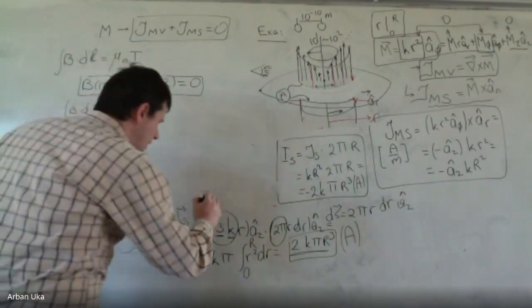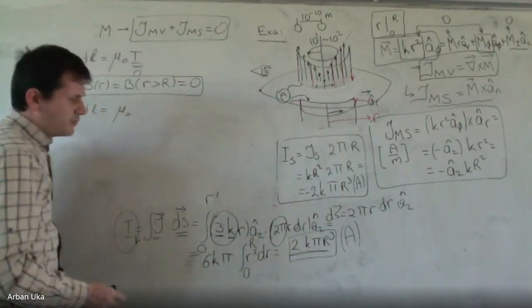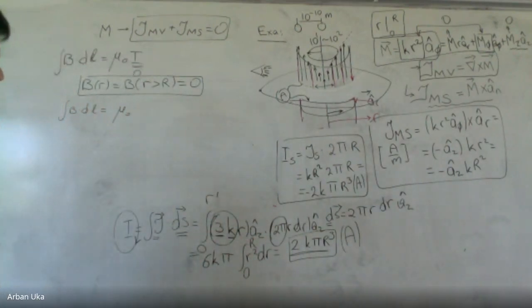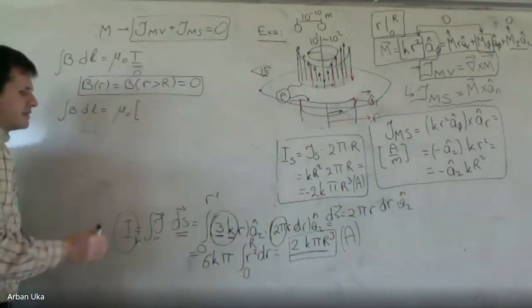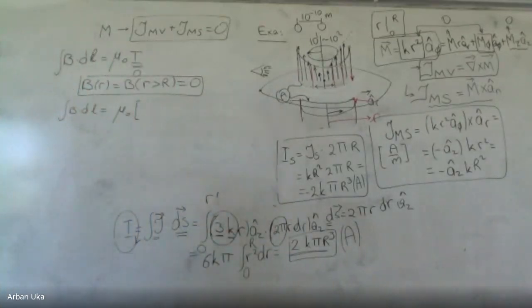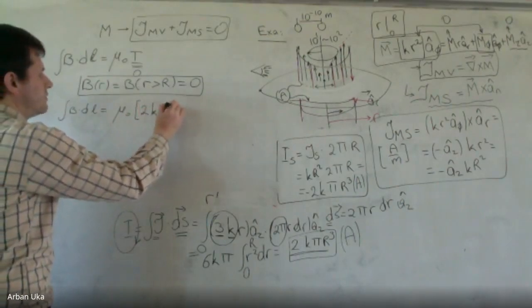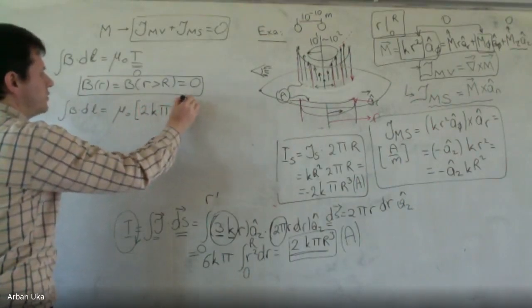Let's write R prime to distinguish it from these R's, because we might get confused. The final answer we get for the current, if we integrate up to R prime, is something like 2k pi R cubed.